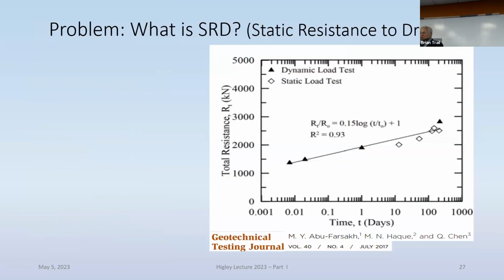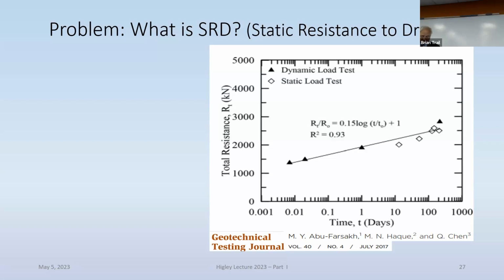Anyhow, when we do wave equation analysis for drivability, we have to calculate beforehand the resistance that the pile has during driving, the so-called SRD. And that is the one that we always measure at the end of driving. And if we measure then sometime later during a restrike, we get the so-called long-term resistance. As you can see, the long-term resistance is generally much more than the static resistance to driving in the beginning.